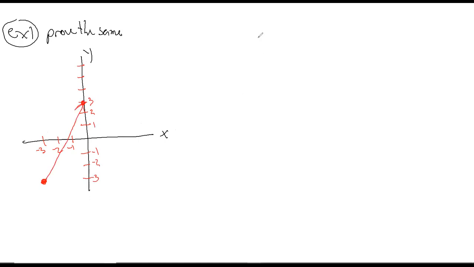And then for the next one, it's going to be at the origin, and then at the point 3, 6. So there's our vector. It's pointing up.